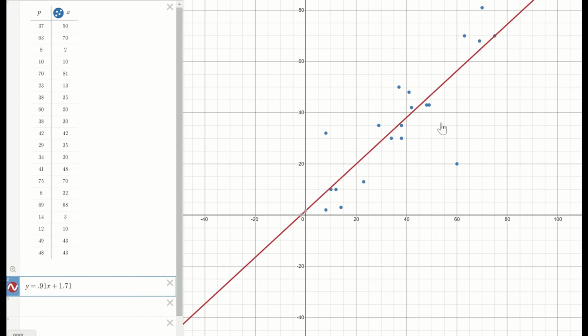Now we'll learn about this line in more detail. We've already seen it, and if you remember, it's called the best fit line, and we will visit it again in a couple more chapters later.